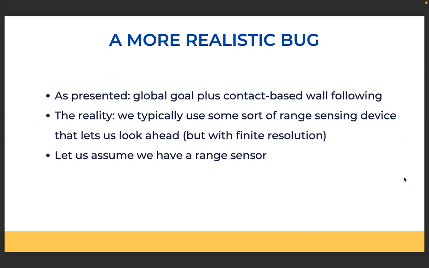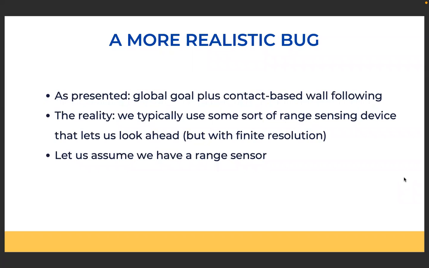You are touching somewhere and following it. So in reality, when we look towards a more realistic bug sensor, we are looking at some sort of range sensing device that lets us look ahead, but with some finite range and with some finite resolution. So here we are assuming that we have something called a range sensor.